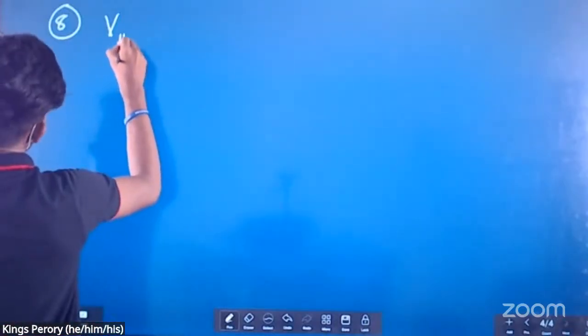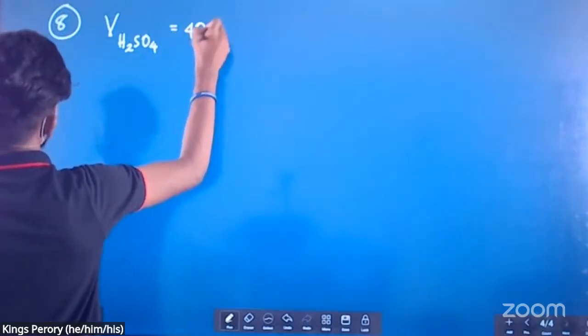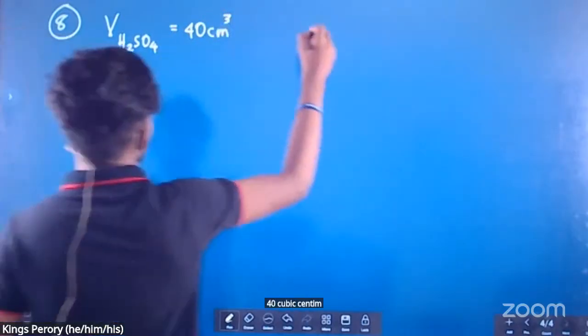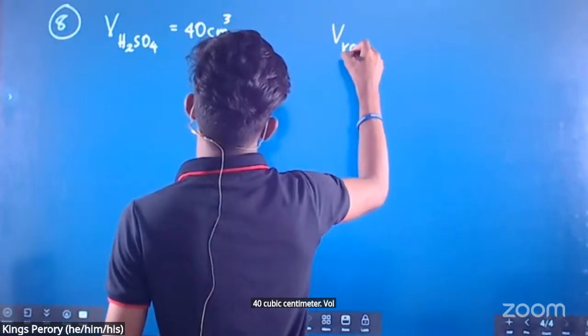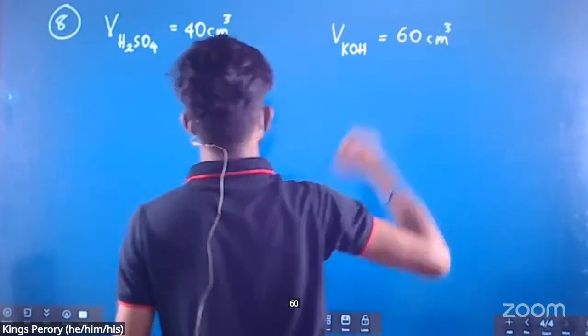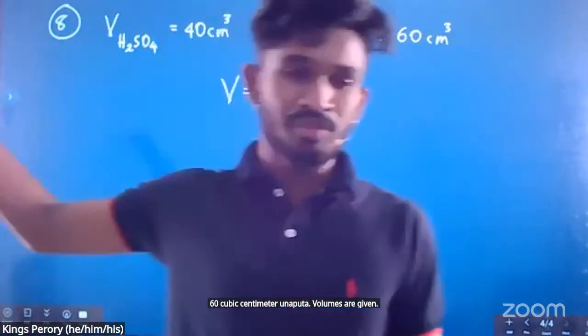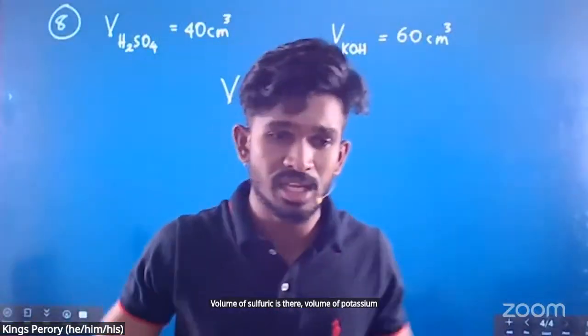Question 8: volumes are given. Volume of sulfuric acid is 40 cubic centimeter, volume of potassium hydroxide is 60 cubic centimeter. Both are reacted.